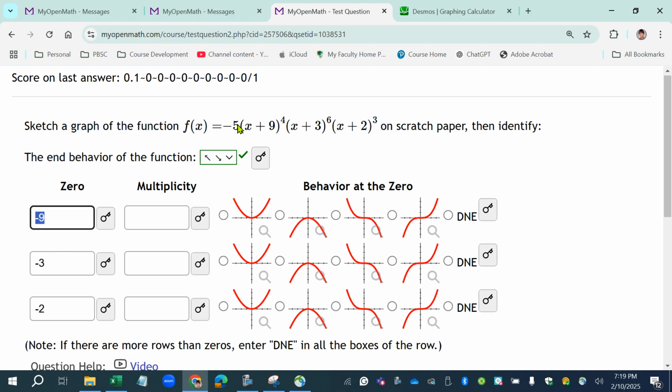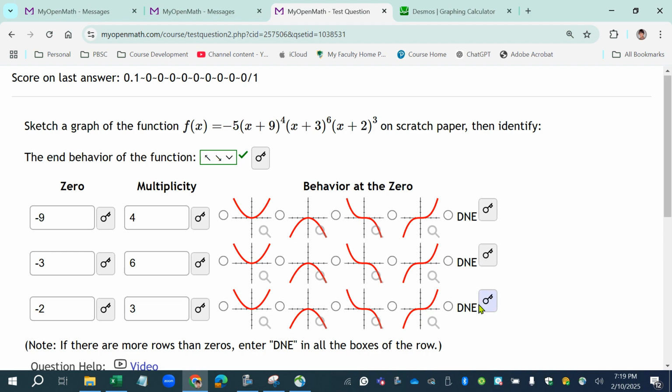The 0 at x equals negative 9 goes along with the factor x plus 9 to the power of 4. That power of 4 is the multiplicity of the 0. The 0 of negative 3 came from the next factor to the power of 6, so that has a multiplicity of 6. And the 0 at negative 2 has a multiplicity of 3 because the power is 3.